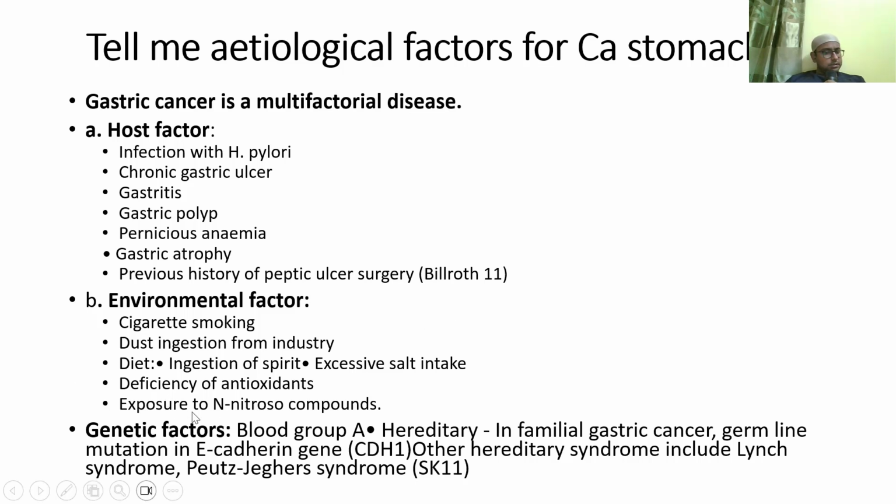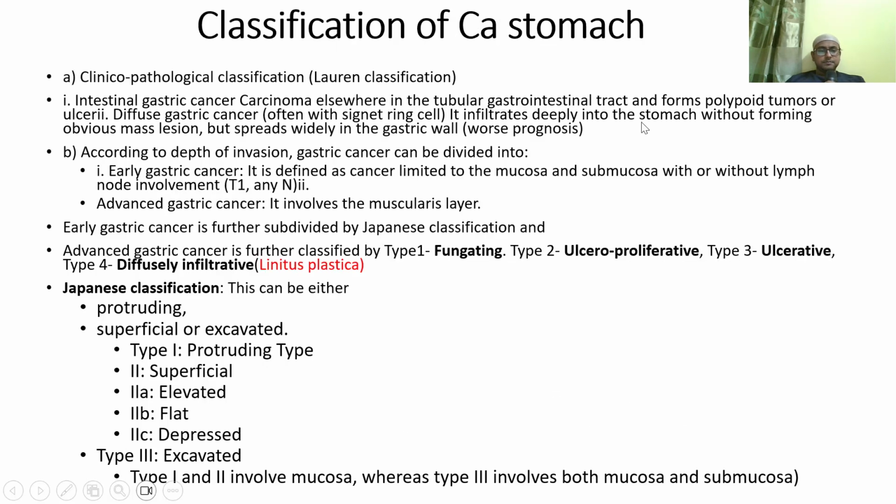Deficiency of antioxidants and nitroso compounds, which can sometimes be found in seafood. Genetic factors include blood group A positive, heredity in familial gastric cancer, germline mutation of the E-cadherin gene, CDH1, and other hereditary syndromes like Lynch syndrome and Peutz-Jeghers syndrome. The CDH1 gene, the E-cadherin gene, is one of the important hereditary factors by which familial gastric cancers can be detected.